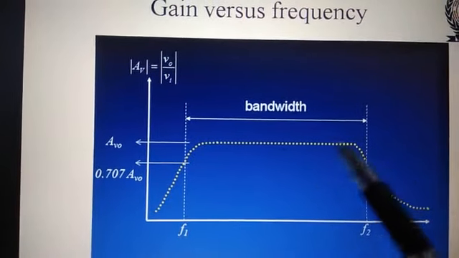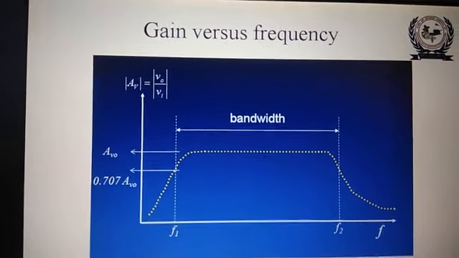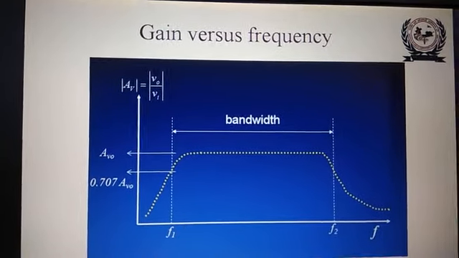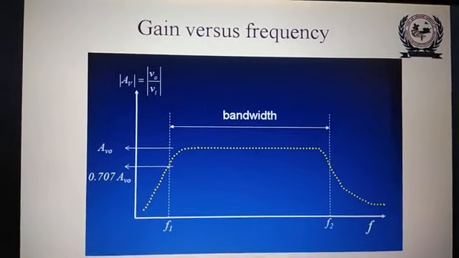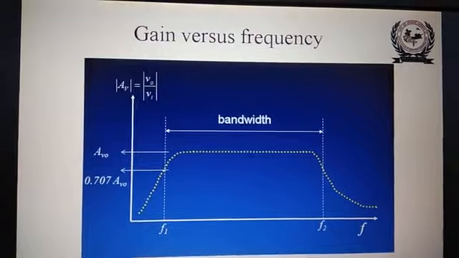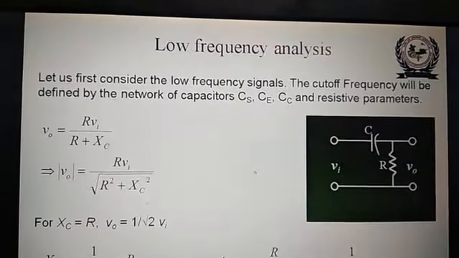So this is called the bandwidth. As the bandwidth is more, the amplifier is better. With more bandwidth you get a more flat response, and more voltage gain, and therefore this is also important. So this is the frequency response. No need to go through the analysis.